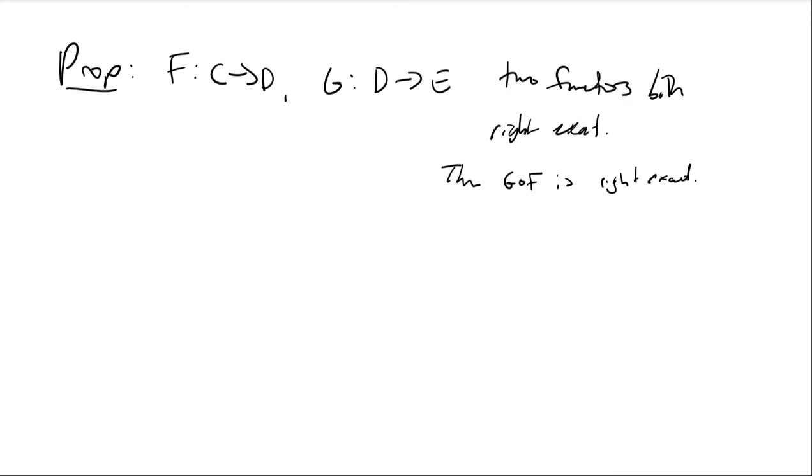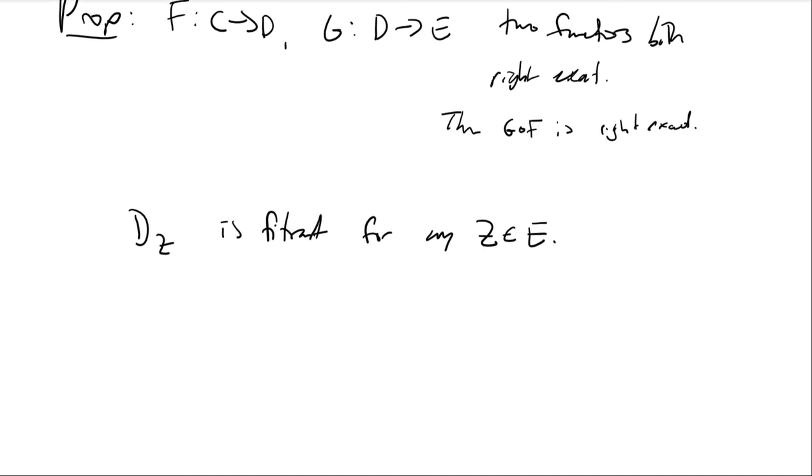Since G is right exact, what this means is that the category DZ is filtrant for any Z in E. But now, CZ to DZ, the induced functor, is again right exact.